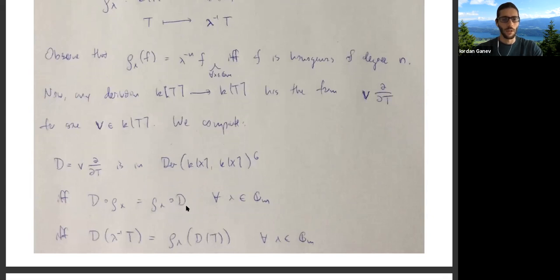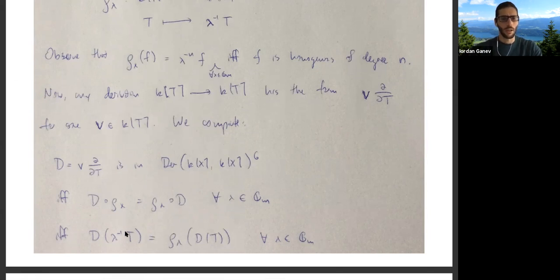Well, it has to commute with these rho sub lambdas for all the lambdas. What does lambda do here? Another thing to note, in order to figure out this condition, it's enough to check it on the generator t.